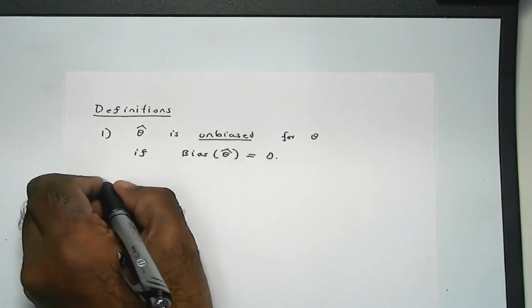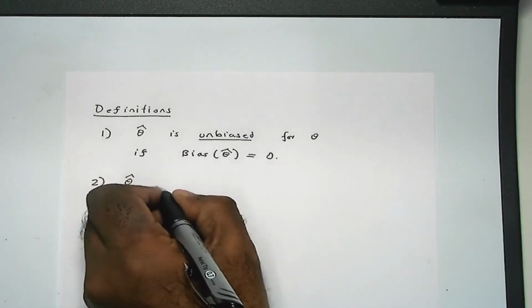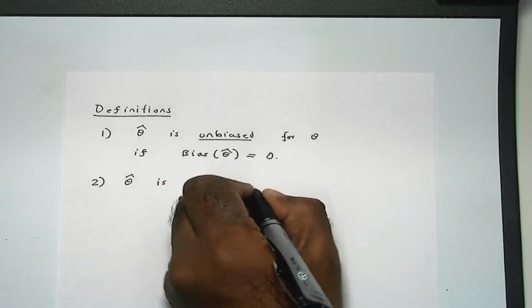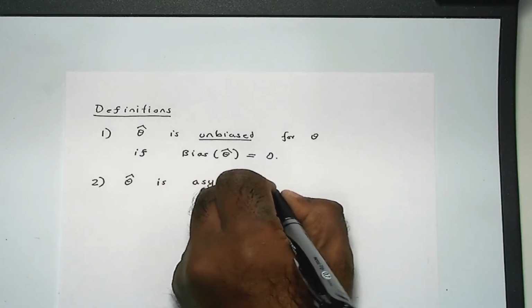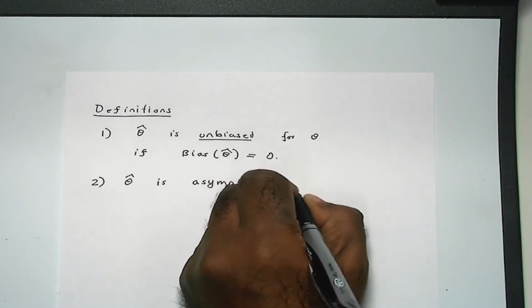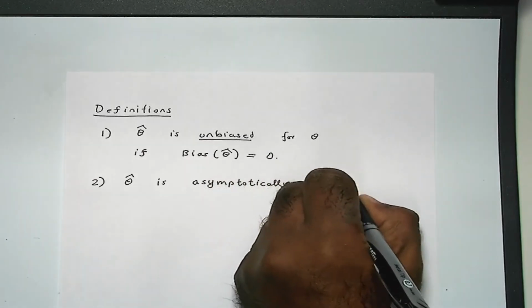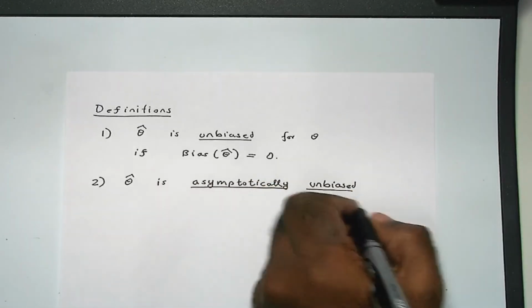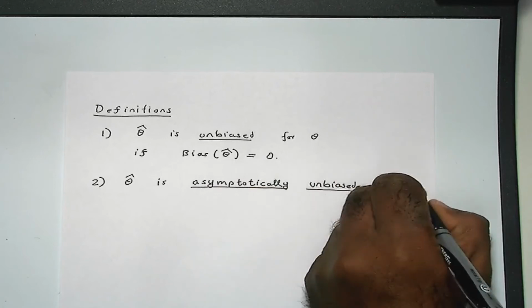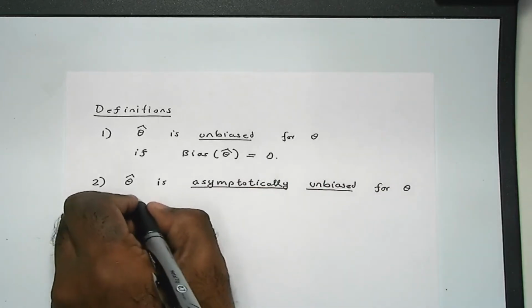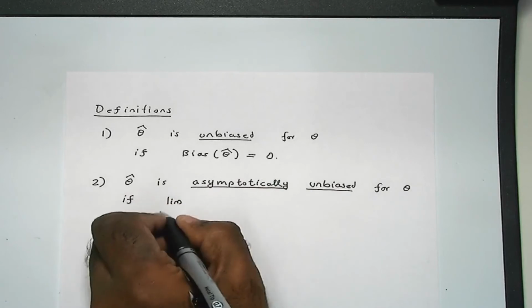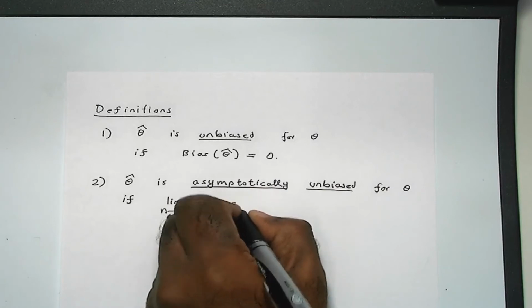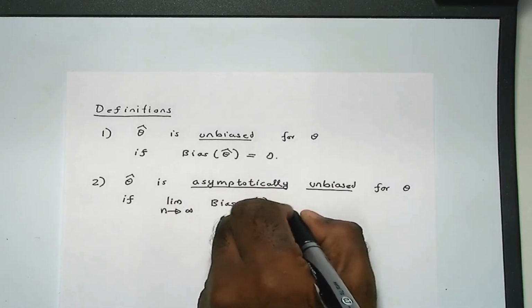Number 2 is theta hat is asymptotically unbiased for theta if the limit as n approaches infinity of the bias of theta hat is equal to 0.